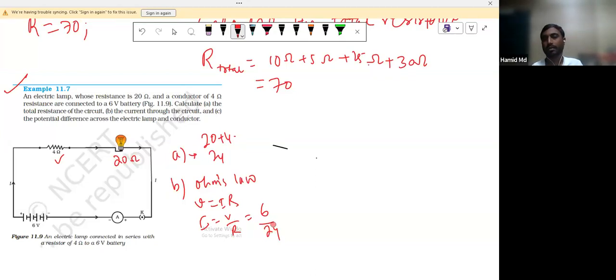Yes, sir. It is 0.25 ampere. 6 over 24 is 1 over 4, which is 0.25. So I will write it over here.